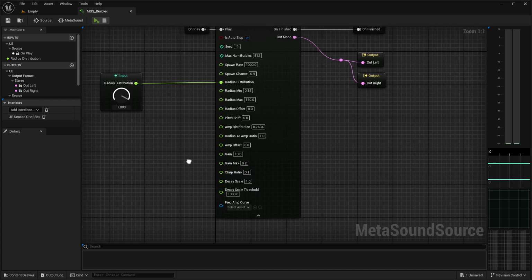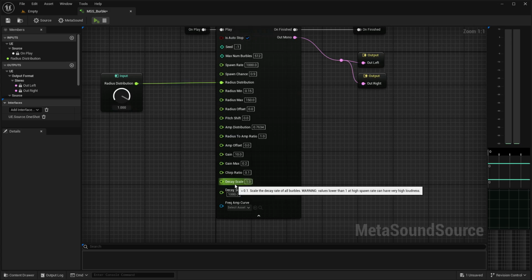The decay scale is the scale we apply to the decay rate of a bubble. By default, the decay rate of a big bubble is lower than that of a small bubble. If this is undesirable, you can increase their decay rate using this input.